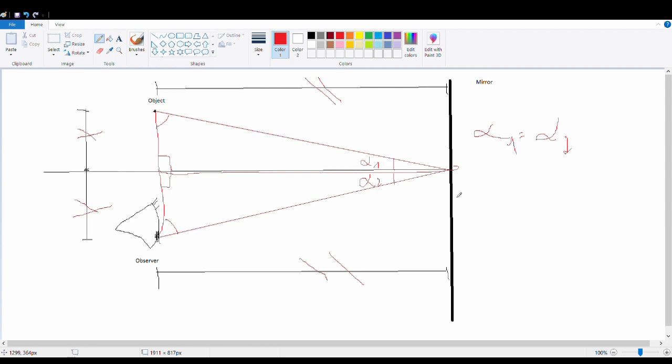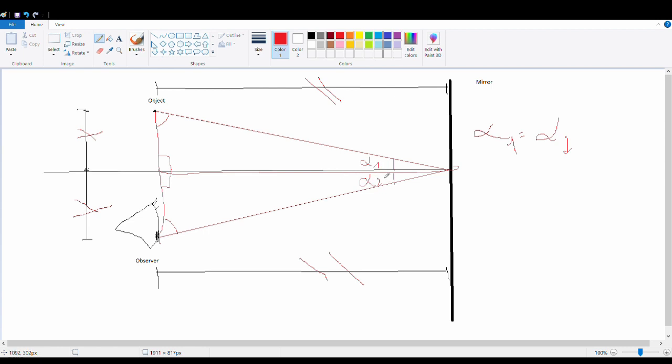We can find out pretty easily that this rule applies to other situations too. The rule is that the ray that hits the mirror will have the same angle to the normal as the ray that gets reflected.